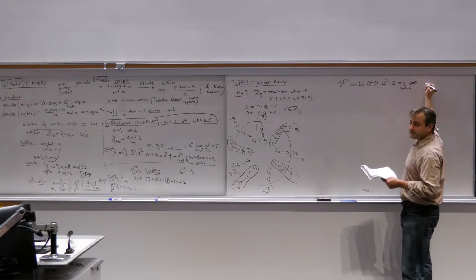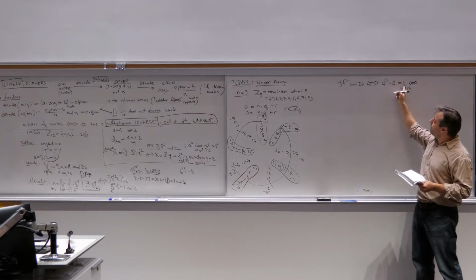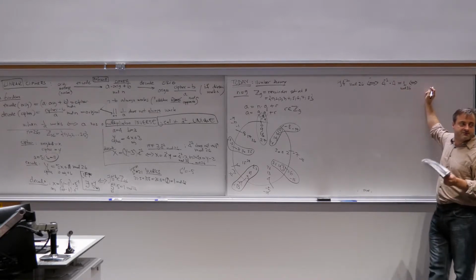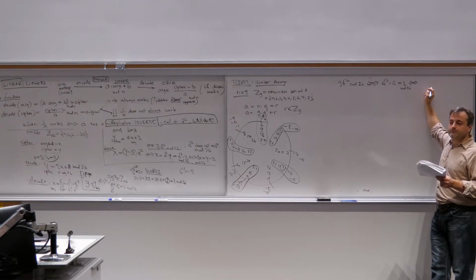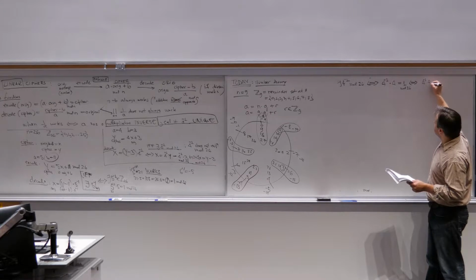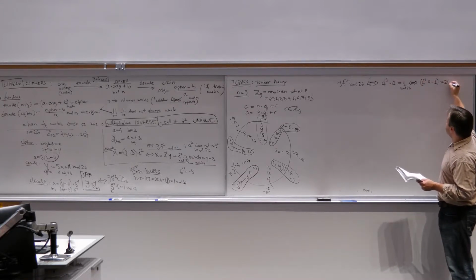And there was a theorem that says if two values have the same remainder, then the difference can be divided by n. The theorem says something very specific: the difference, 4 to the minus 1 times 4 minus 1, is a multiple of 26.